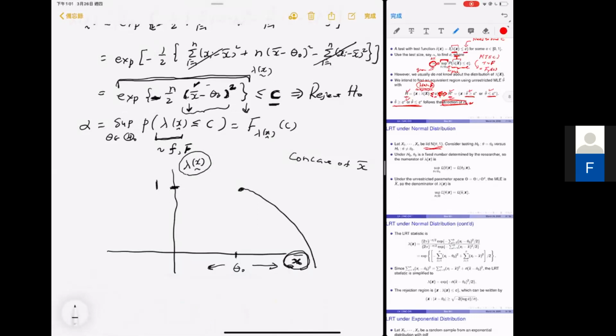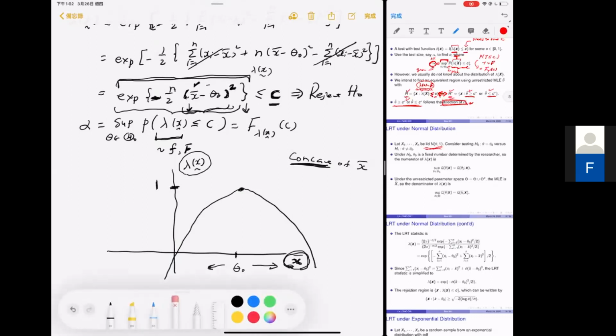Again, the whole thing is getting bigger, and in turn lambda is getting smaller. That means this is also a decreasing function. When x bar gets smaller, that means this is a concave function of x bar. That's very important because of this.